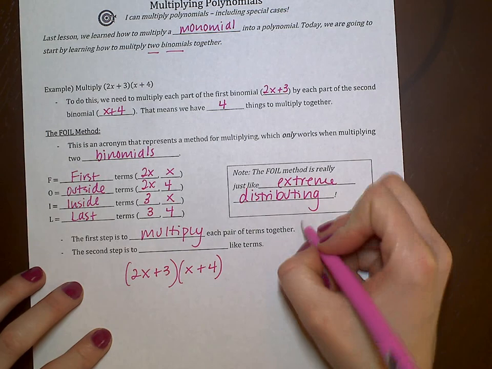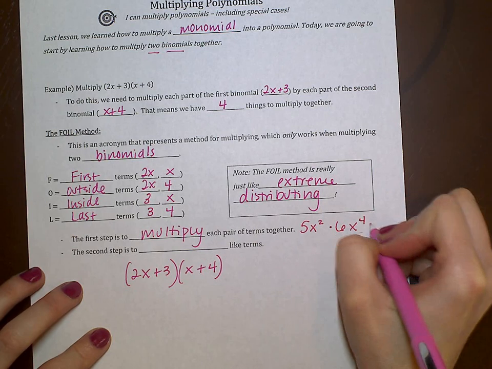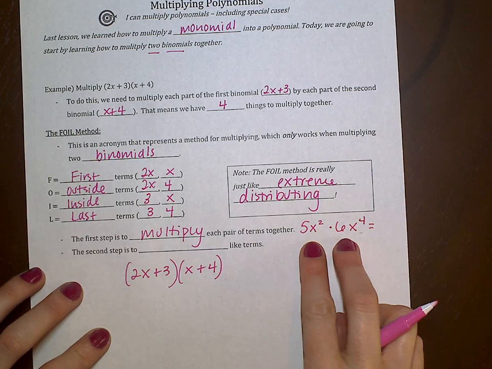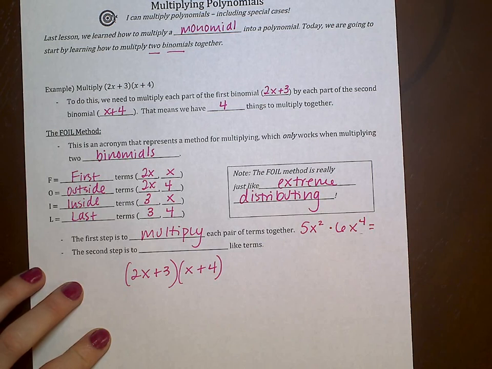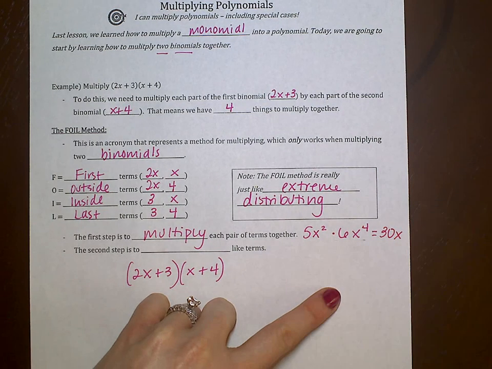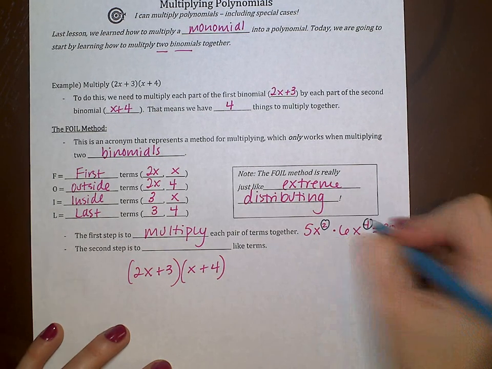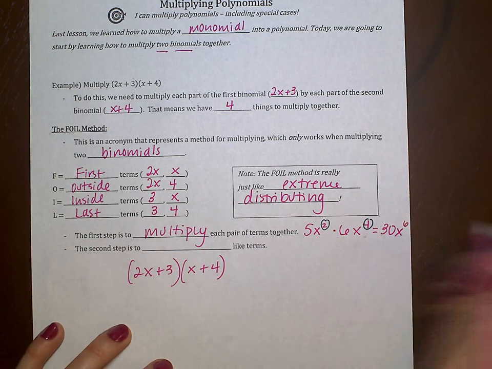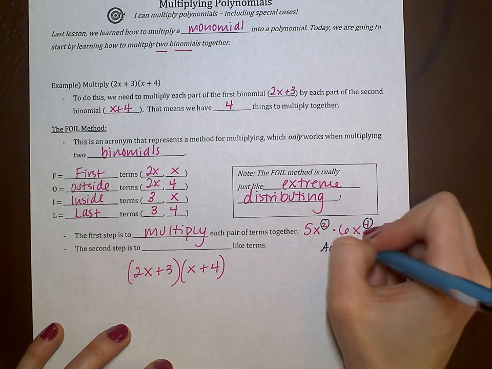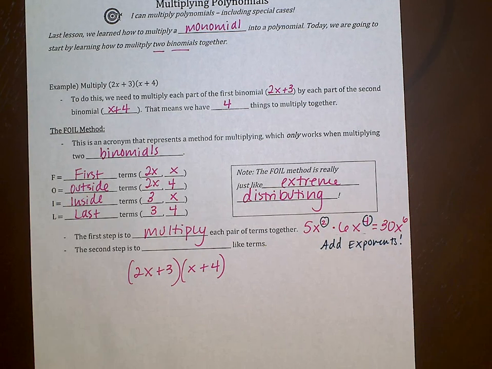So if I'm multiplying something like 5x squared times 6x to the 4th, obviously I'm totally making this up, but remember when you multiply terms that you multiply the big numbers, so this would equal 30, and the big thing that you have to remember is that you have to add the exponents to bring the x's together, so this would be 30x to the 6. Okay, so don't forget to add the exponents. That's probably the number one thing people mess up on this.